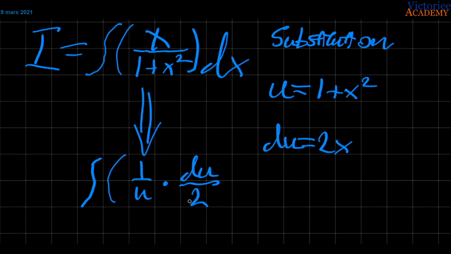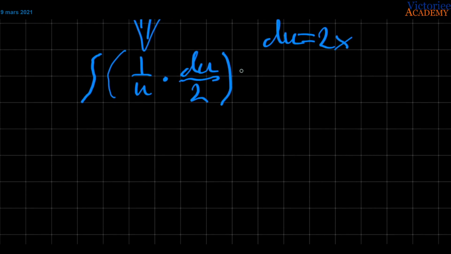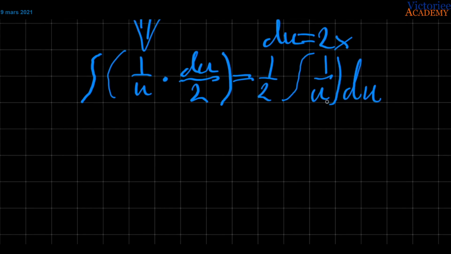So if we divide this by 2, we get that to be equal to x. Beautiful. Further simplification gives us that we can take out a half. You can always remove constants out of the integral if you want to. And then we get one half times the integral of 1 over u du.